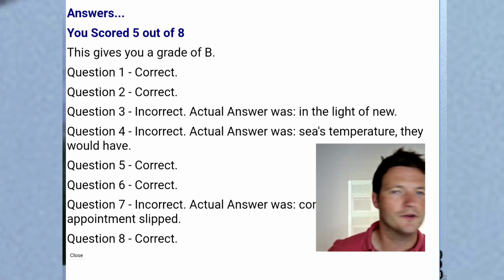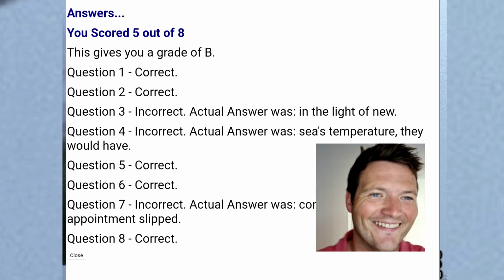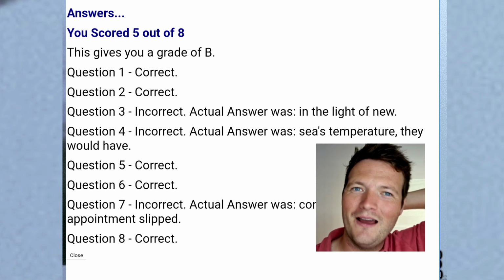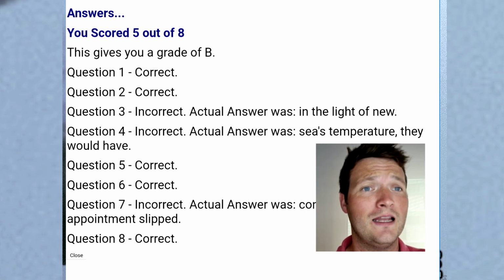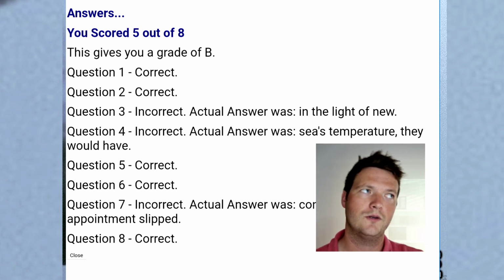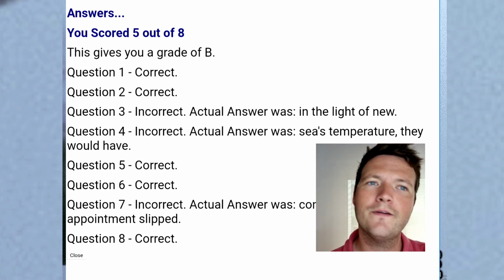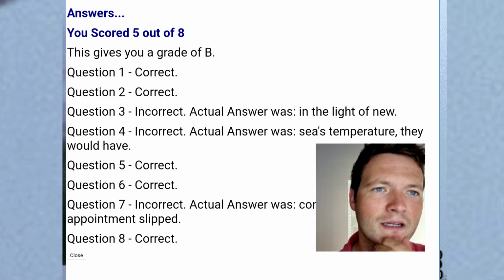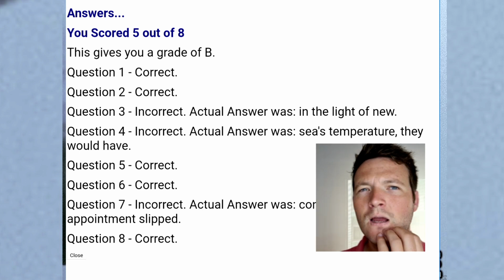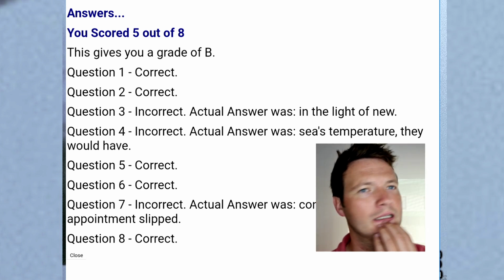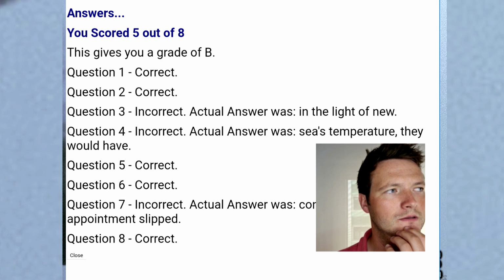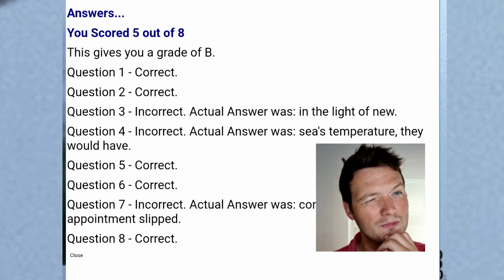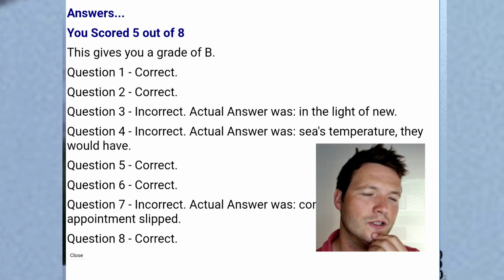Okay, so here we go. It says I've got 3 wrong. There's no way I've got anything wrong, unless I wrote Ken instead of Glenn or something. Anyway, let's have a look at number 3. The actual answer is in the light of new evidence. I'm pretty sure you can say in light of, not in the light of. I think I did actually doubt whether to put the article, but I'm pretty sure. Have a look for yourselves.